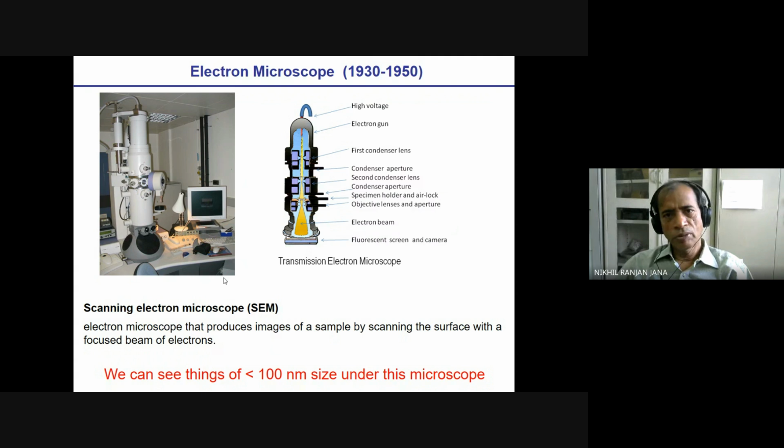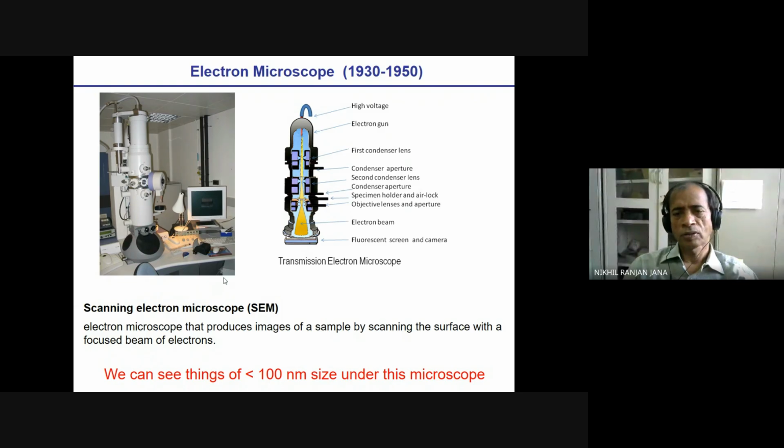And the most important microscope was the electron microscope, where we use electron beam instead of light for capturing images of small particles, nanoparticles. And there are many other names of similar microscopes. Some of them are scanning electron microscope, that's mostly to image the surface.